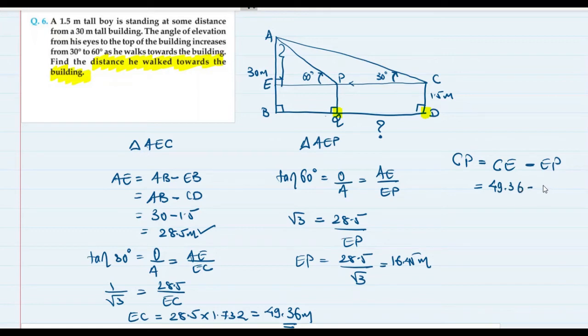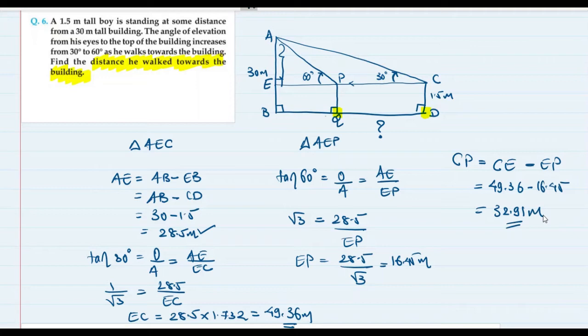What is EP? EP is 16.45. So 49.36 minus 16.45 is 32.91. So this boy walked towards the tower for 32.91 meters and reached the position PQ.